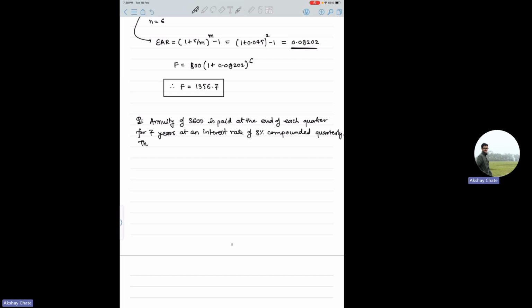The present value of the cash flow is, this is the question. So here basically they have given you A, which is 3,600. R is given as 8%, so 0.08, right? But it is compounded quarterly.